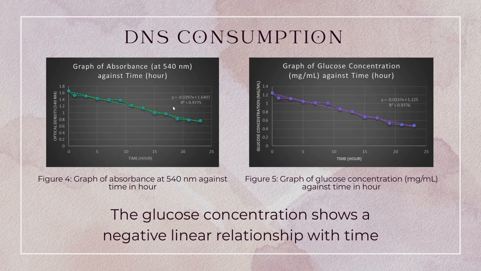For figure 4, the linear equation obtained is y equals negative 0.0397x plus 1.6407, with r square value 0.9775. So both graphs show very high r square values.